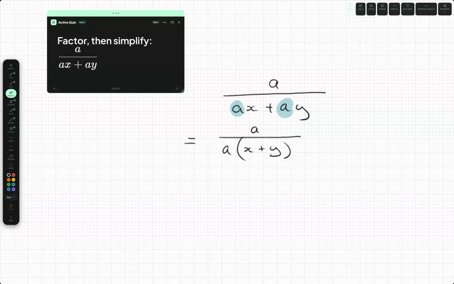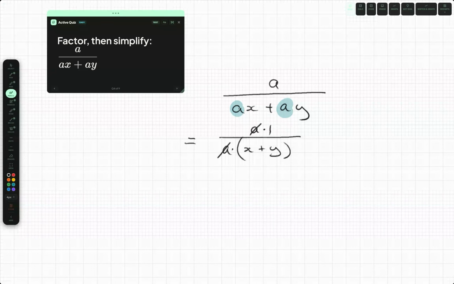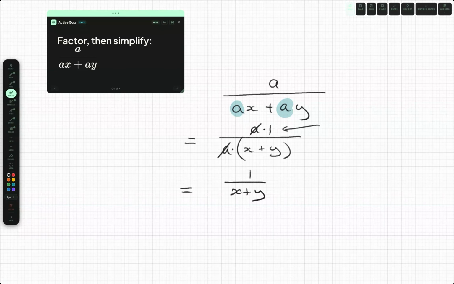And then we have our a up the top. And you can also think of a as essentially a times 1. So let's do that just for illustrative purposes. So we're both multiplying the top and the bottom by a, which means we can cancel, which leaves us with 1 over x plus y. You don't have to do the times 1 here. It's just to prove a point.